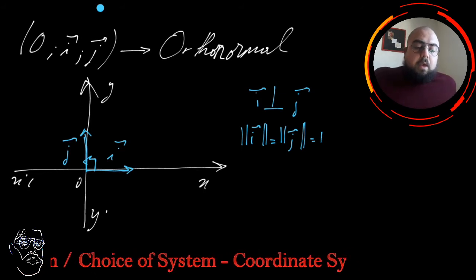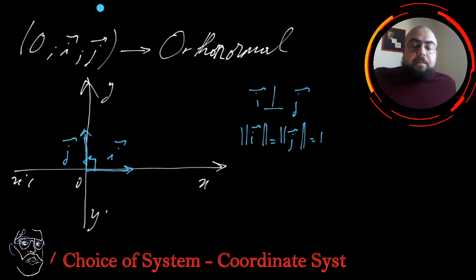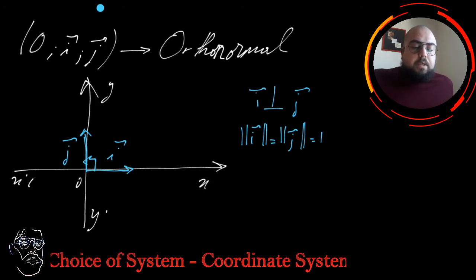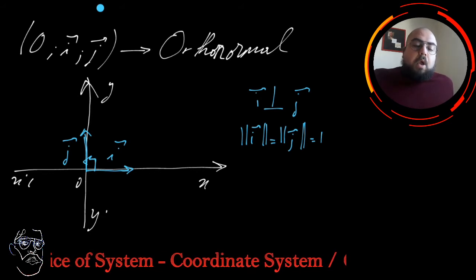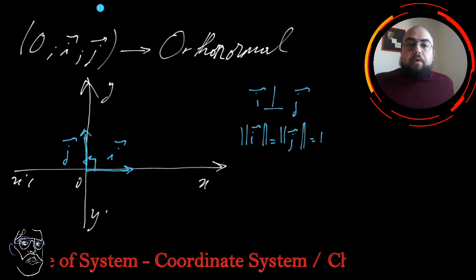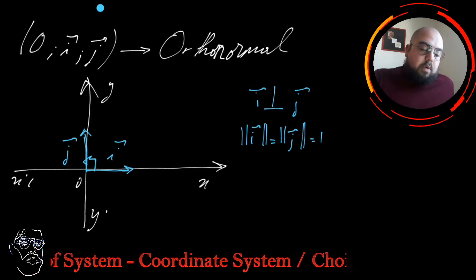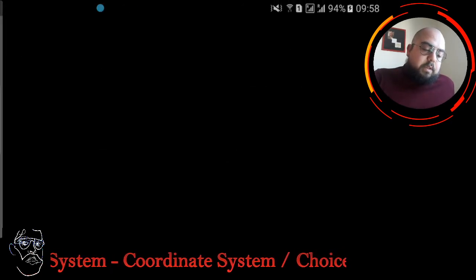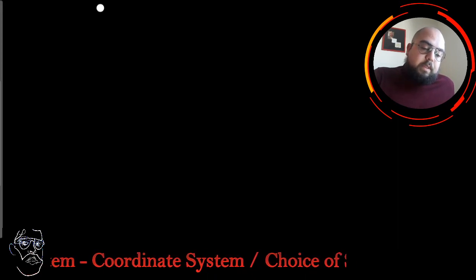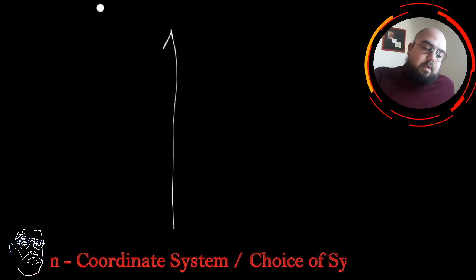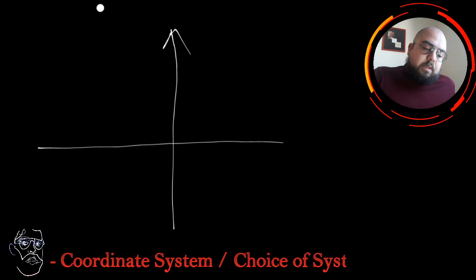Alright, now in the coordinate system, in most of the cases we're gonna use an orthonormal system. And how do you find the coordinate of a certain point? So let's say we are using an orthonormal system. So this is my orthonormal system.